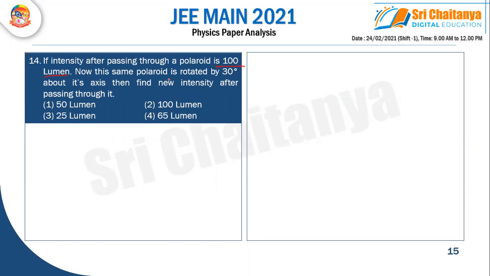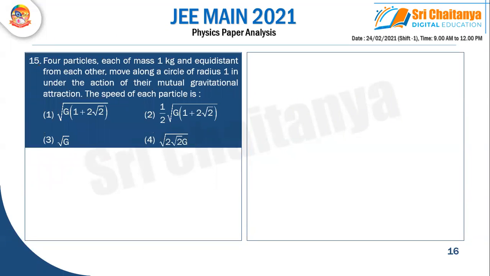The intensity after passing through a Polaroid is 100 lumen, and for that reason this 100 lumen is going to remain constant after passing through another Polaroid also. For that reason, the second option is the right one. We'll move on to the next problem, please.